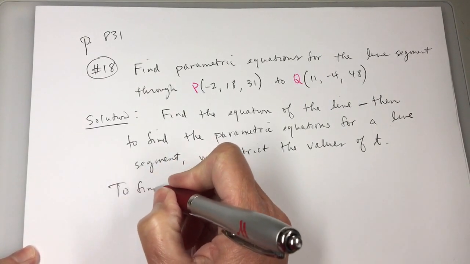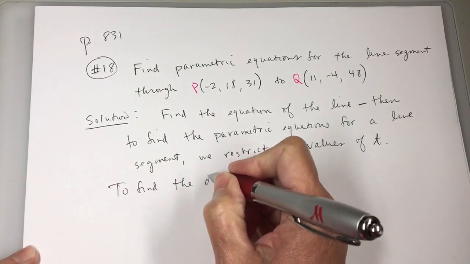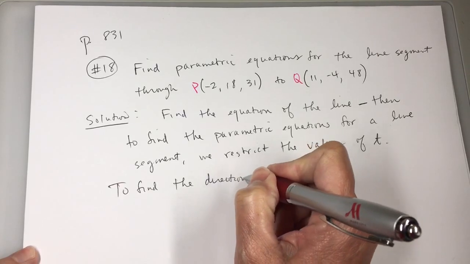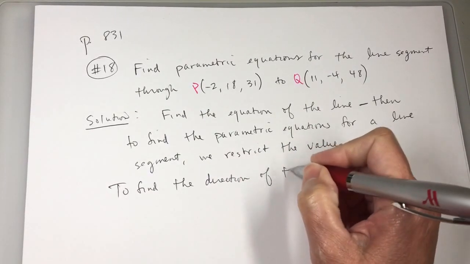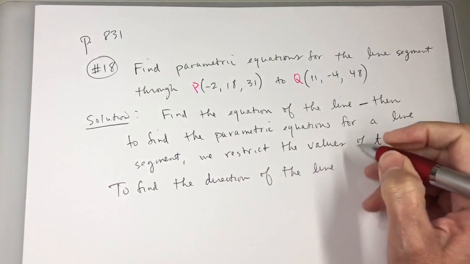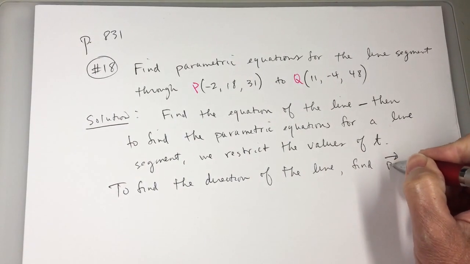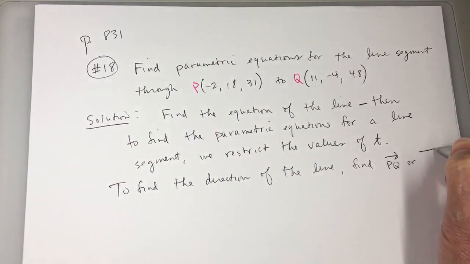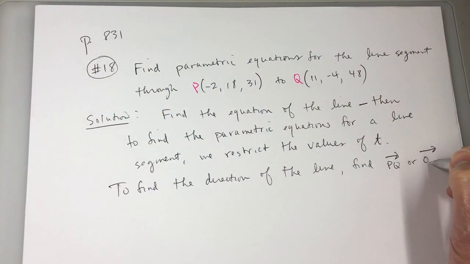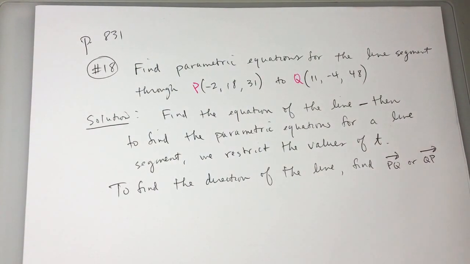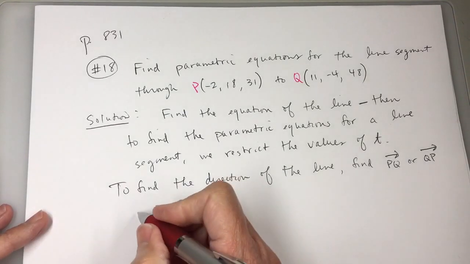To find the direction of the line, we need to find vector PQ or vector QP for the vectors. And either one works; I'm going to go with PQ.